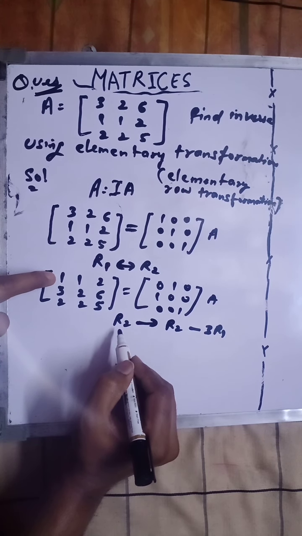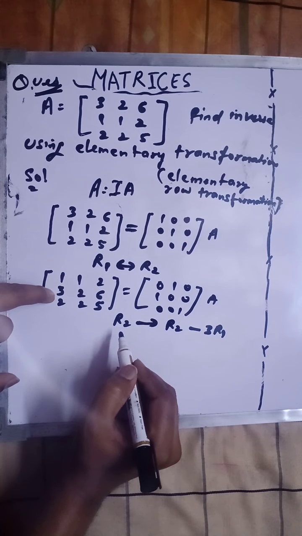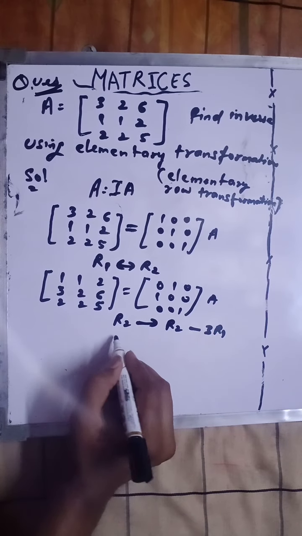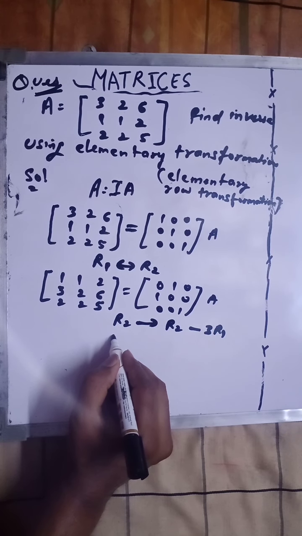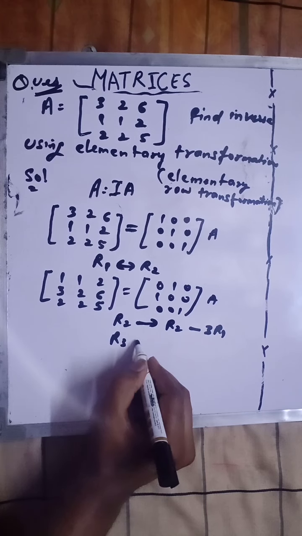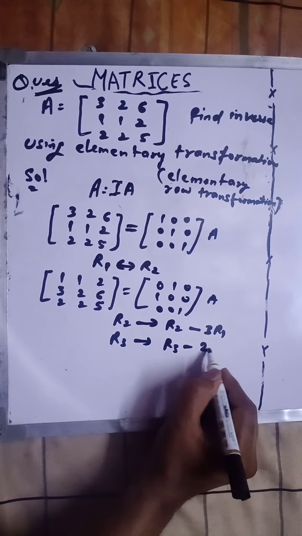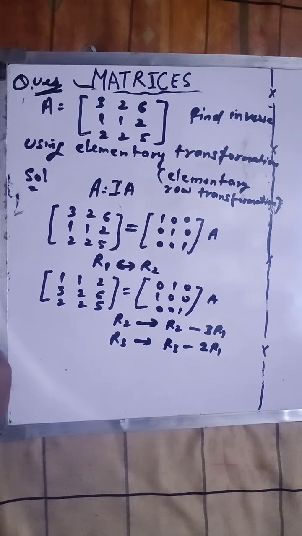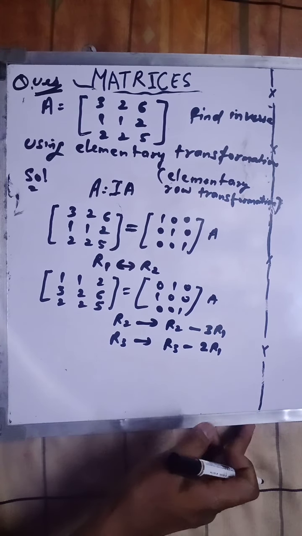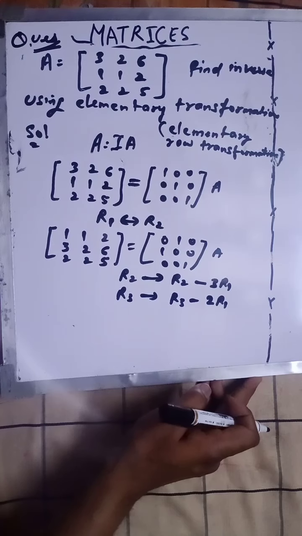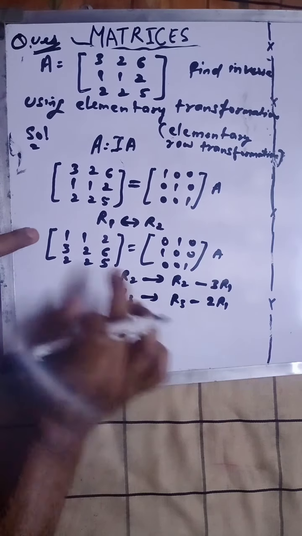So if I multiply this first row by 3 and I subtract, I will get 0 here. Got it? So I'm applying this, and similarly I can apply R3 goes to R3 minus 2 times of R1. Fine. So here I'm applying these two operations.